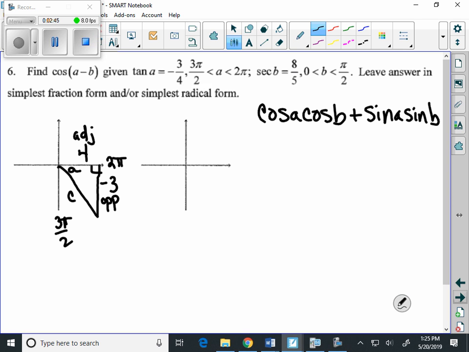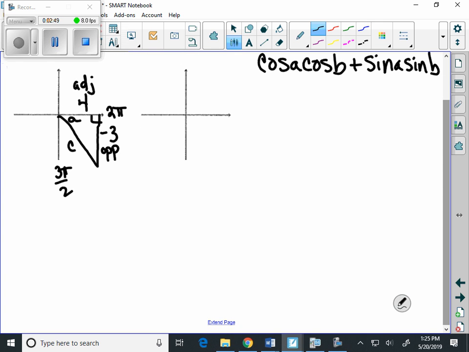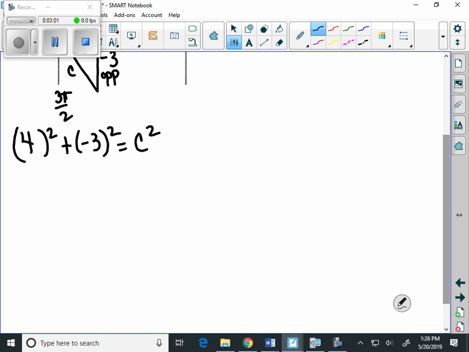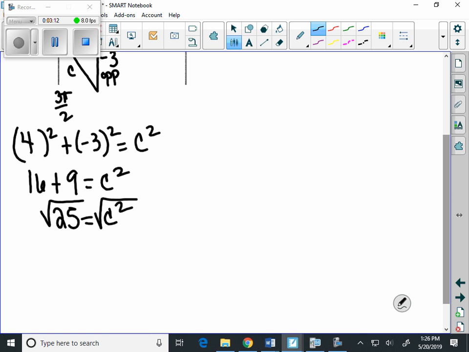So we've got our triangle drawn, and some of you already know what the length of the hypotenuse is, but this is going to be 4 squared plus negative 3 squared equals C squared using the Pythagorean theorem. So we get 16 plus 9 for C squared. 16 plus 9 is 25. And when we take the square root of both sides, we get C equals 5.